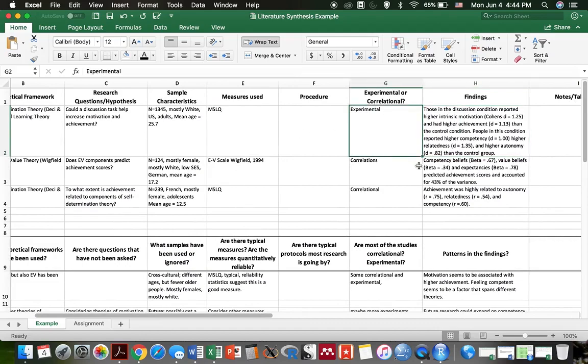Was this experimental or correlational? This is good to know because you would know what kind of evidence you have. Okay, so experiment is in a laboratory. It doesn't necessarily have as good external validity, so generalization, because it's in a laboratory setting. However, it does have a causal basis.